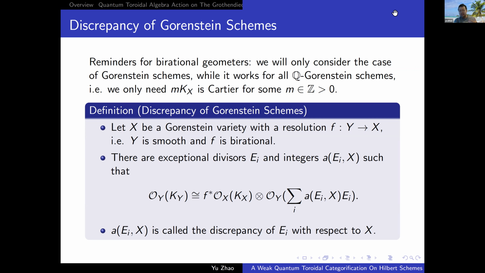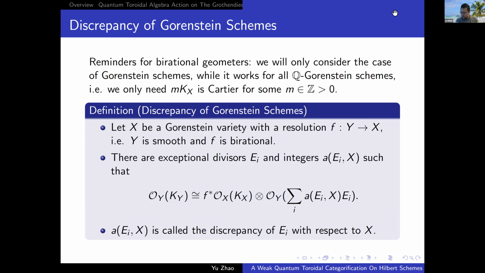There would be exceptional divisors E_i supported in those exceptional sets, and there would be integers a(E_i, X) such that the canonical divisors differ by those exceptional divisors, and we call this a(E_i, X) the discrepancy of E_i with respect to X.